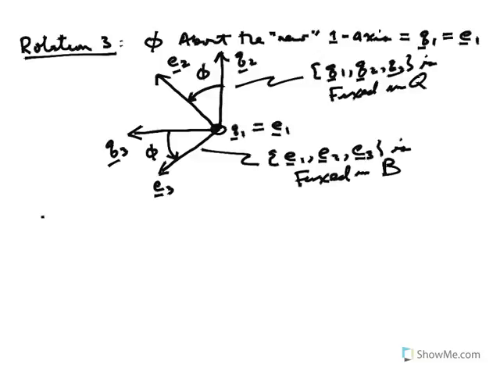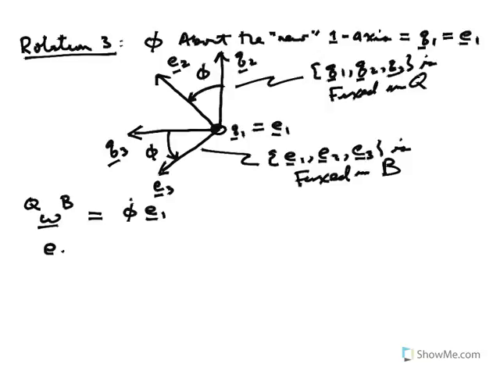We have that the angular velocity of the body as viewed by an observer in Q is equal to phi dot times E1.